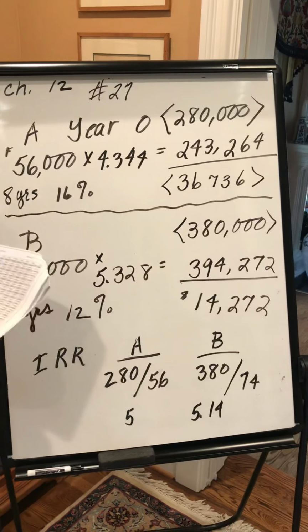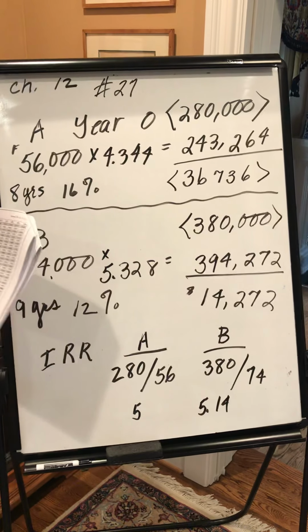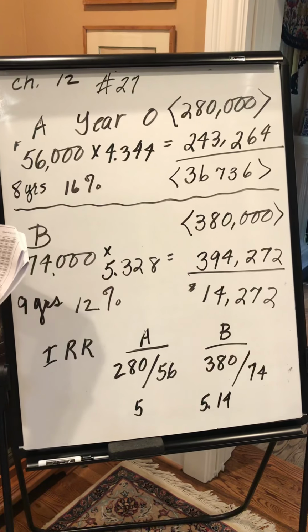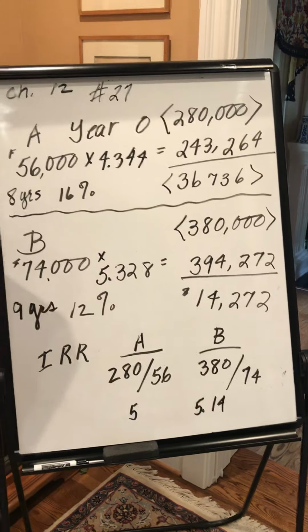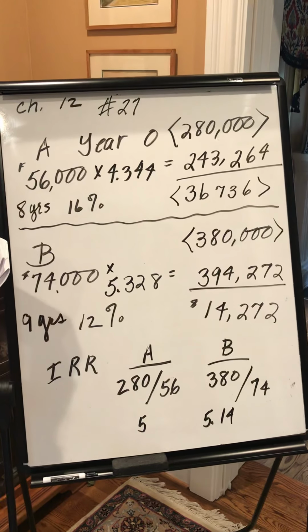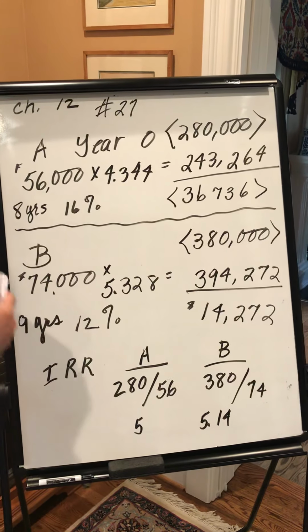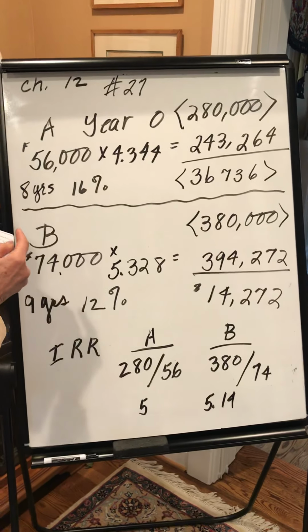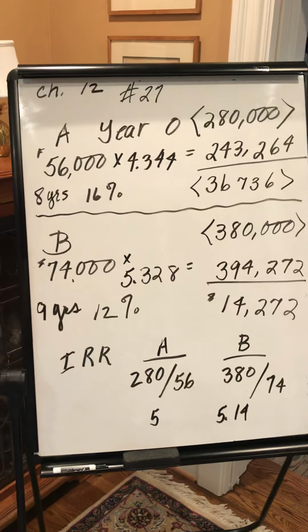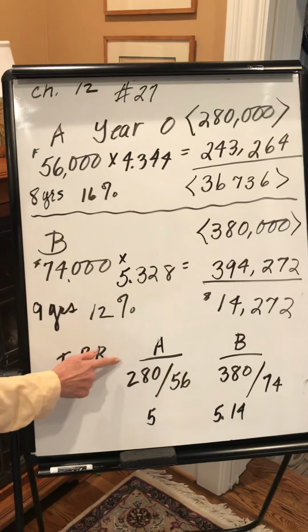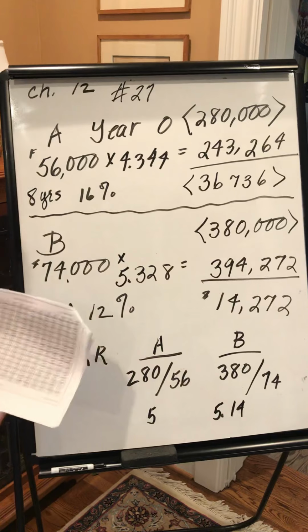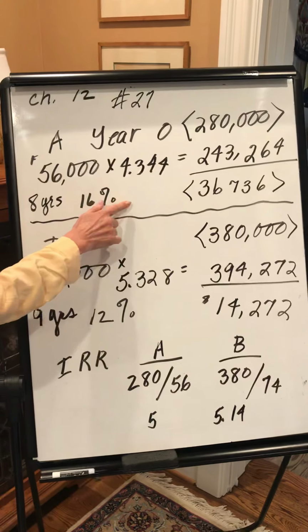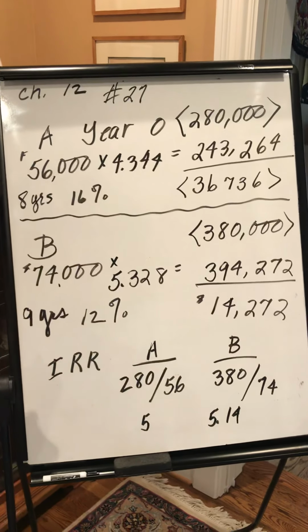So we're going to go down 8 years, and we're going to look to see which two percentages the number 5 is between. And the answer is between 10 and 12%. So the internal rate of return for project A is somewhere between 10 and 12%. Does that make sense? Yes, it's less than 16.